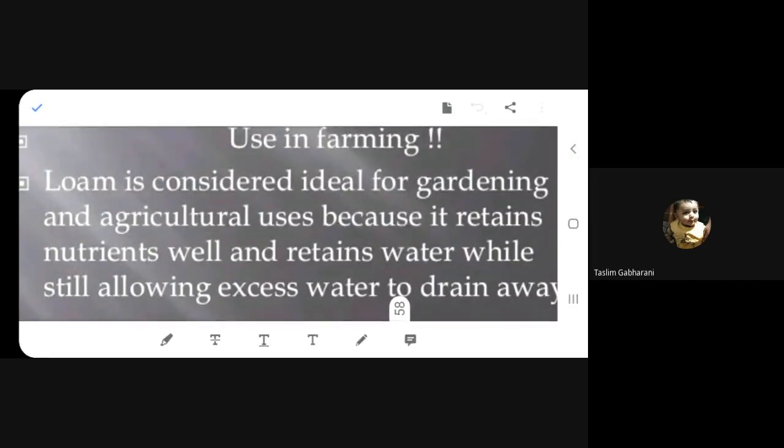Okay. Say, loam is considered ideal for gardening and agricultural uses because it retains nutrients well and retains water while still allowing excess water to drain away.